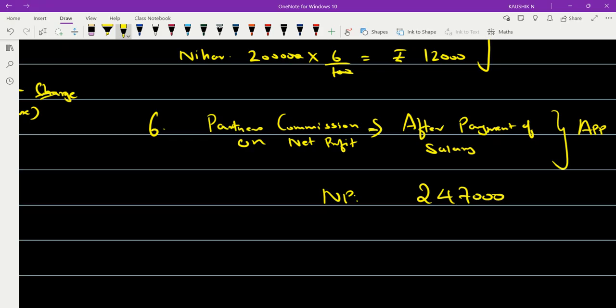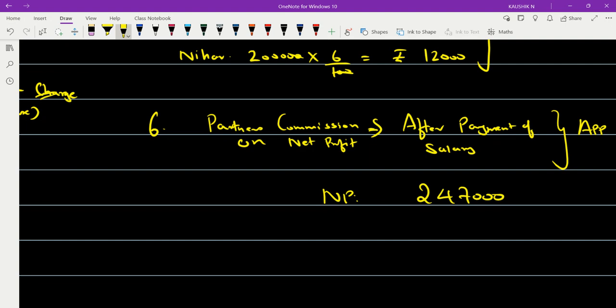What is the amount of profit that is left over first? 2,47,000 is the amount that you are taking to your P&L appropriation account, and then you give away your salary. If you give away the salary, what will be left over? Rupees 1,87,000.